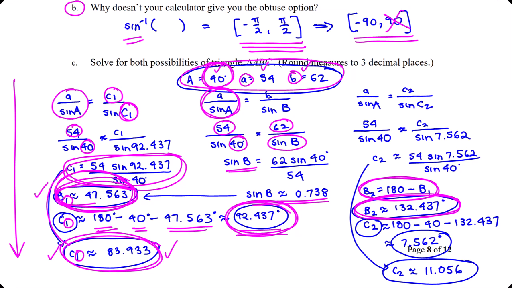Now, but we said that this other angle might work. Well, let's see. 132. So I have 180. I subtract the 40 that I'm given. I subtract the 132, the second angle that might work, and sure enough, there's space left for the third angle.